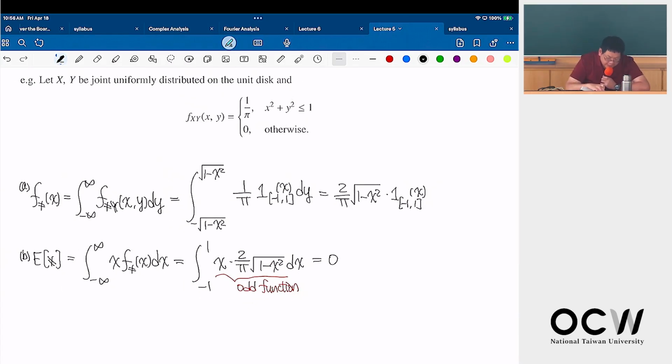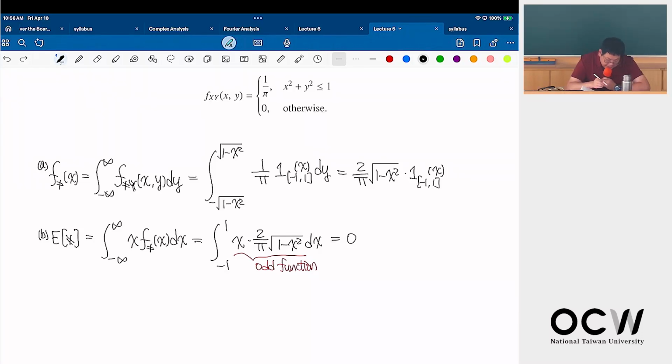And since we have the marginal PDF of x, then we can find the conditional PDF of y given x. Because we have the joint PDF and also the marginal PDF of x. So here we have f of xy, the joint PDF divided by the marginal PDF of x.